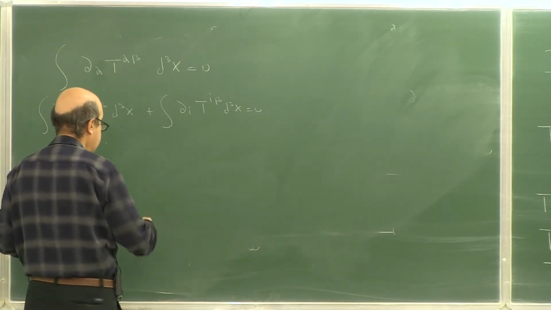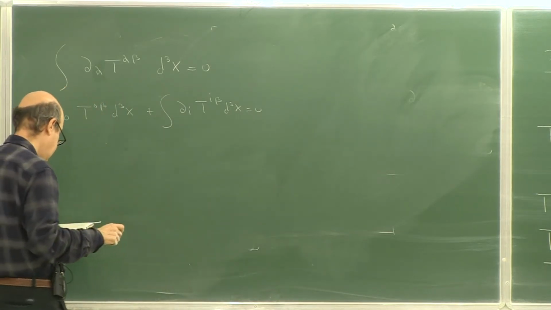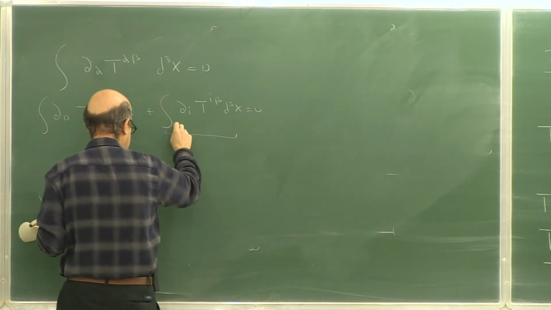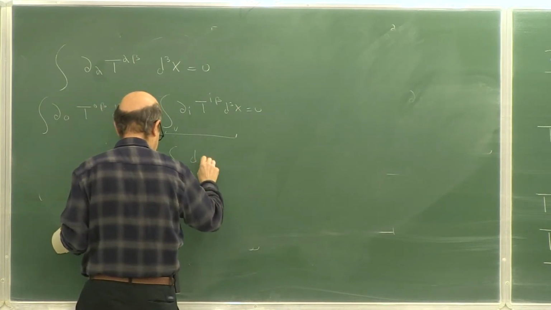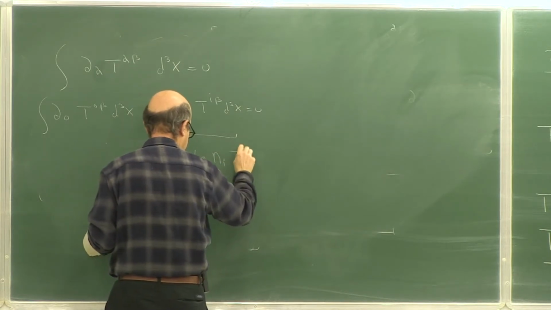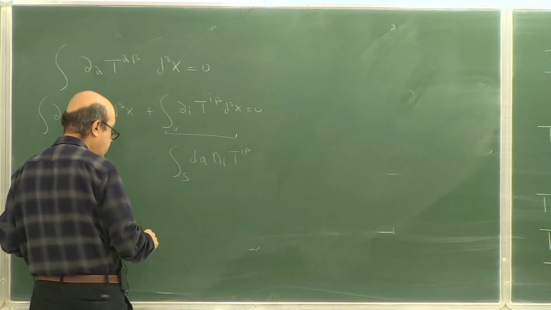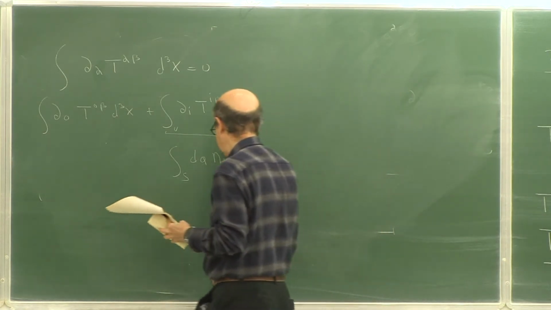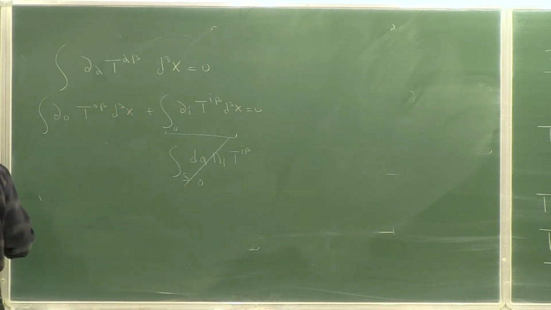Basically this is the divergence with respect to x, y, z, and this is a volume integral that turns into a surface integral, and we can write dA n_i T i beta as a surface. When the surface goes to infinity, all the fields die, and this term has a contribution of 0. This is the application of the divergence theorem.